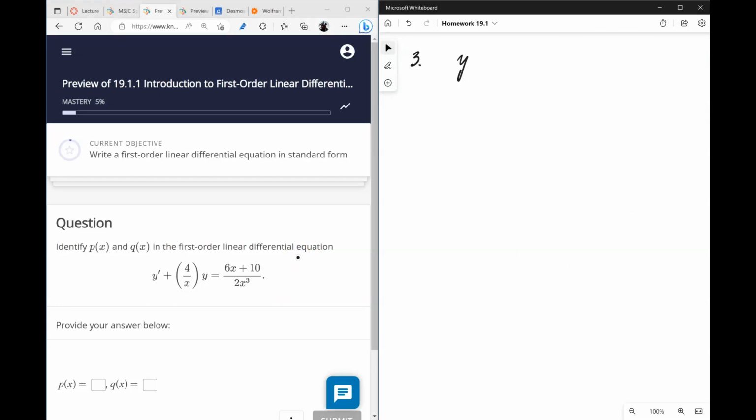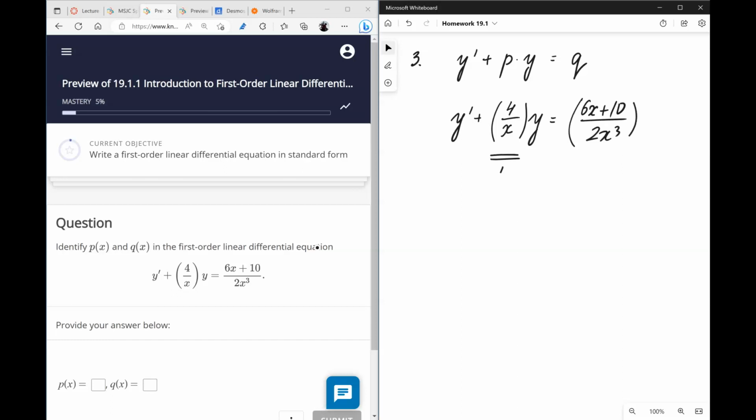So building off of the previous exercise, the coefficient in front of the function itself is usually labeled as p, and the free coefficient is what we refer to as q. So in our case it should be pretty easy to make that side-by-side comparison and identify this as p and this as q.